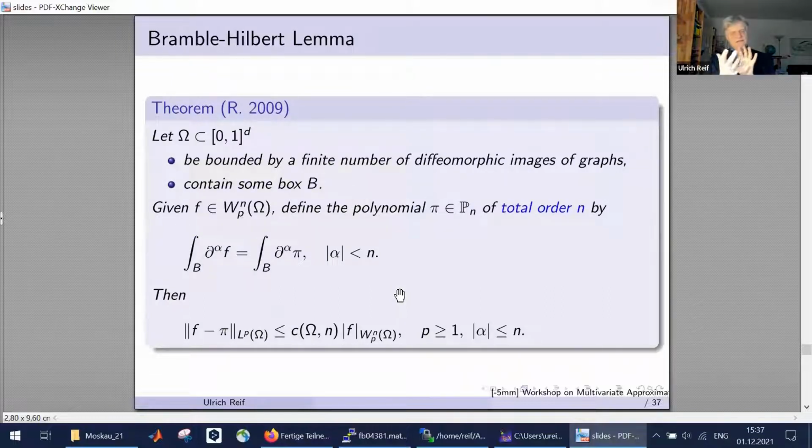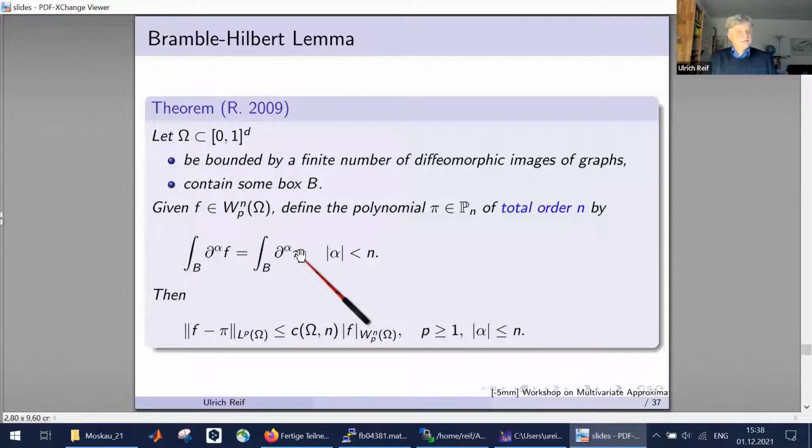And now, once you found this result for the Poincaré situation, you can again proceed to higher order polynomials and derivatives. So if we are now considering, for instance, polynomials of total order n, then we compute the approximating polynomial pi by matching the mean values of partial derivatives.